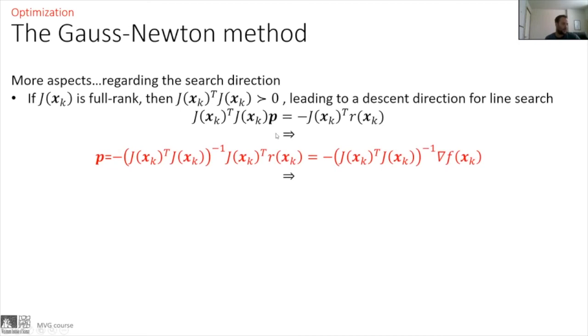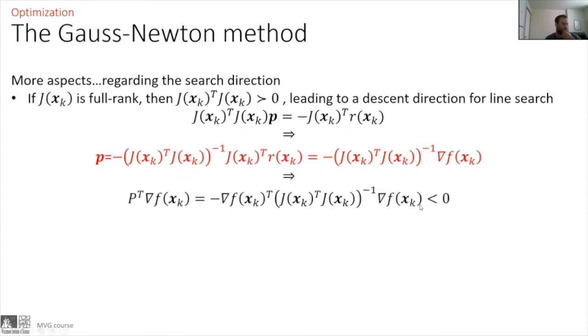So this is our equation for the update, for the direction. We solve this, and we actually get that the inner product with the gradient of f is just equal to this thing.